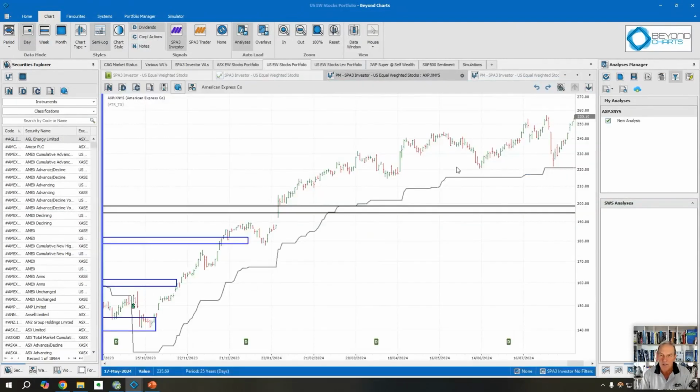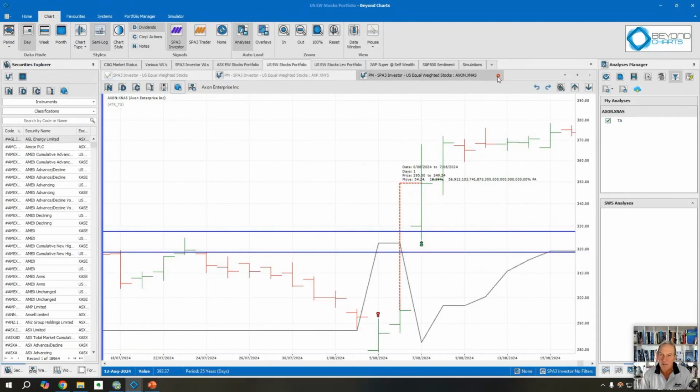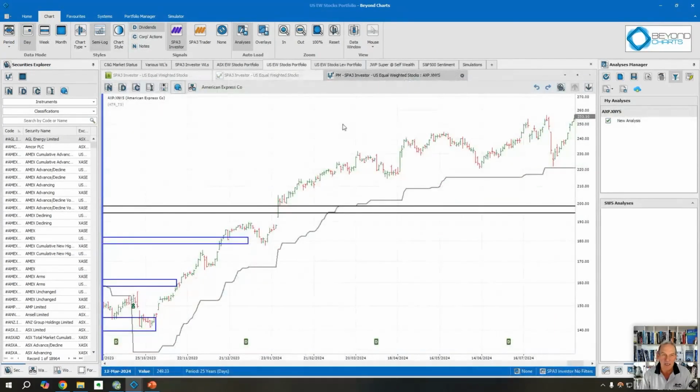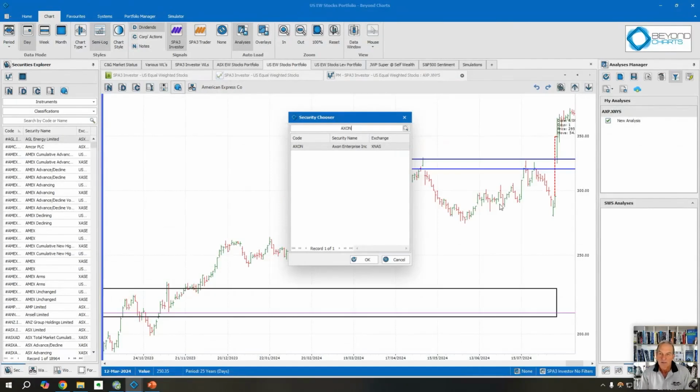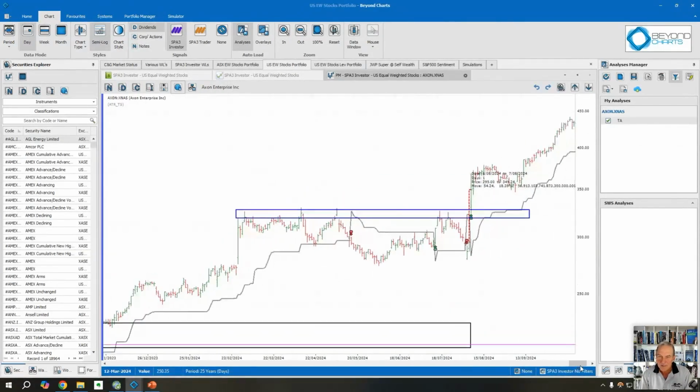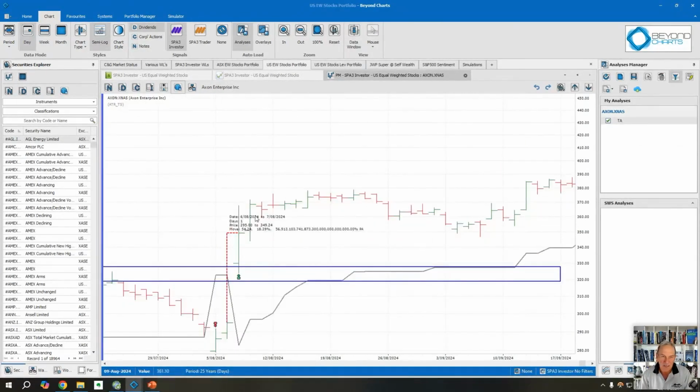So if we go here, oops, wrong one. In fact, we can close that down and we can go into here and we can type in Axon. So there is the 8th of the 8th.